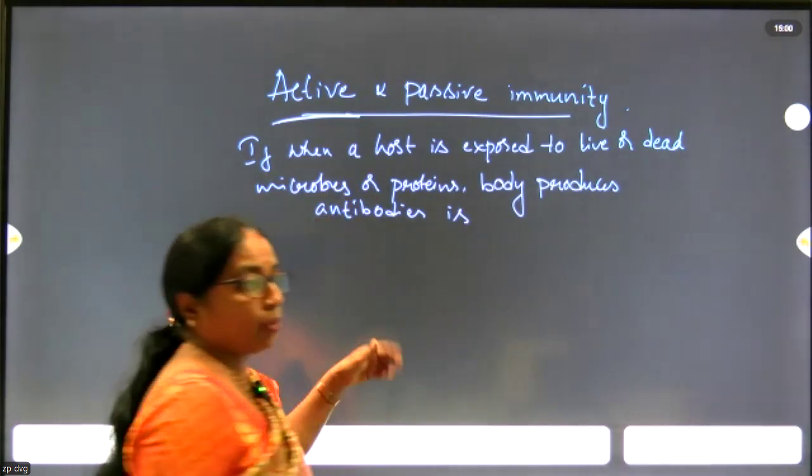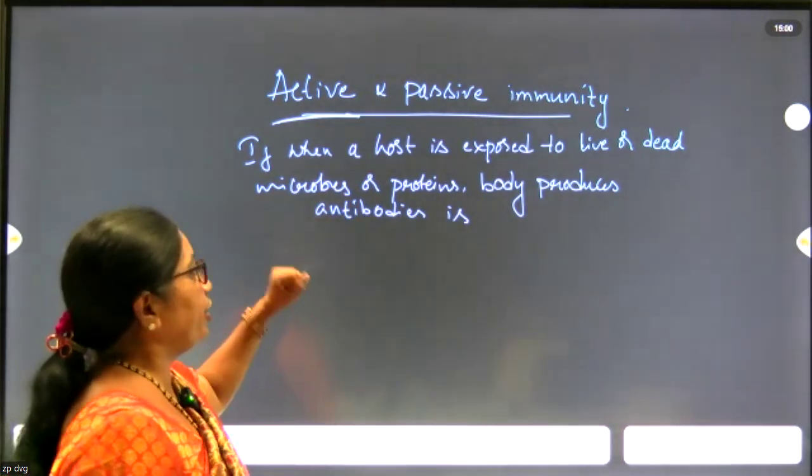So active immunity is when the host body is exposed to live or dead microbes.